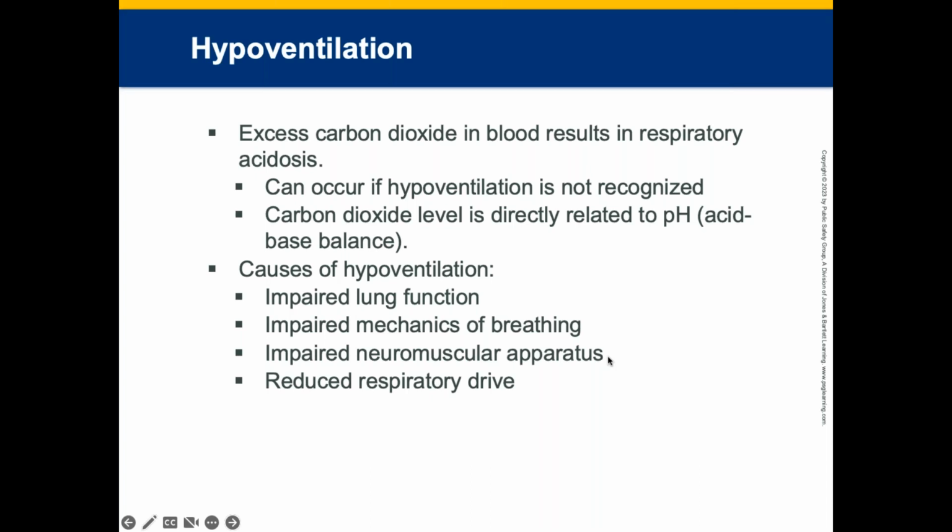Opiates or opioids, I should say, either one. Intoxication with alcohol, narcotics, and a host of other drugs and toxins, head injury, hypoxic drive, and asphyxia. So all these different things can cause that hypoventilation, right? We've got to pay attention for that. If we see a patient that's only breathing 6 times a minute, 8 times a minute, then maybe we need to ventilate.